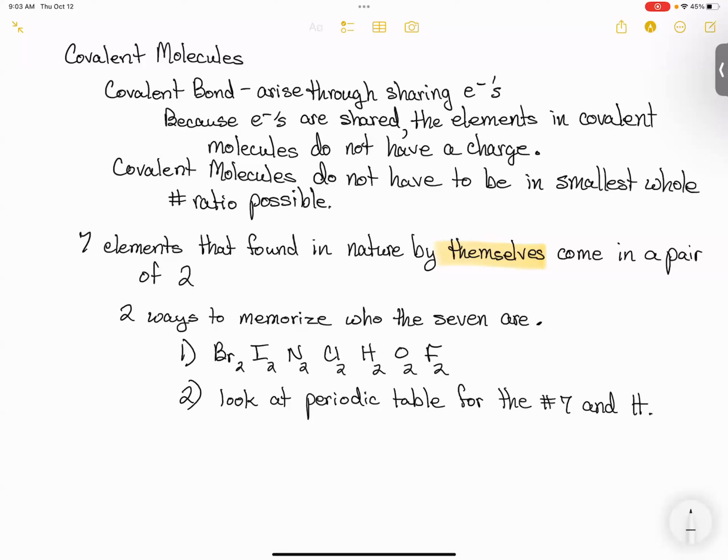If I give you oxygen, in other words, you better give me back O2. If I say bromine as a molecule, you better give me back Br2. Because that is how they come in nature. So, for the formula, the element has the subscript 2.